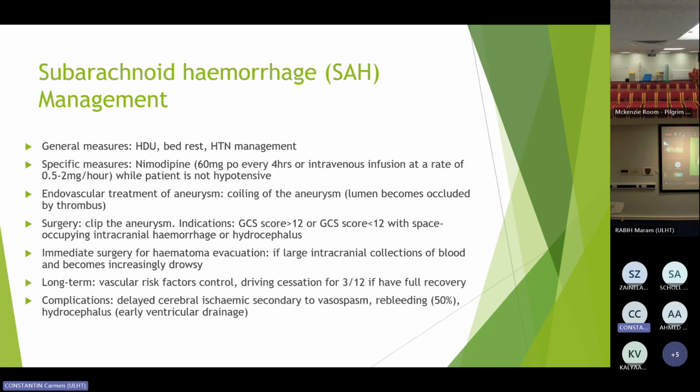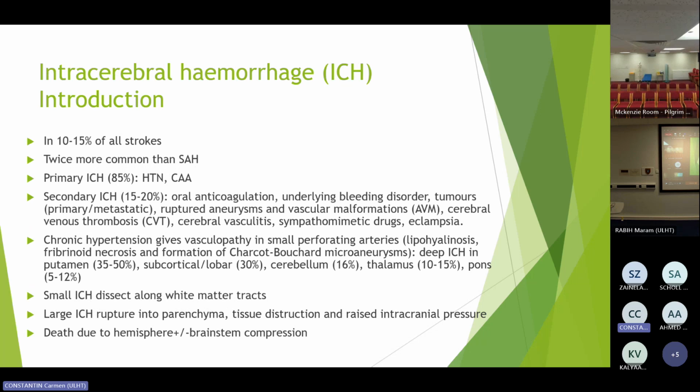Yes, they could have rebleeding. It's stated that 50% of patients with subarachnoid hemorrhage are going to have another bleeding after the first event. And hydrocephalus is another complication which unfortunately needs early ventricular drainage, neurosurgically, of course.